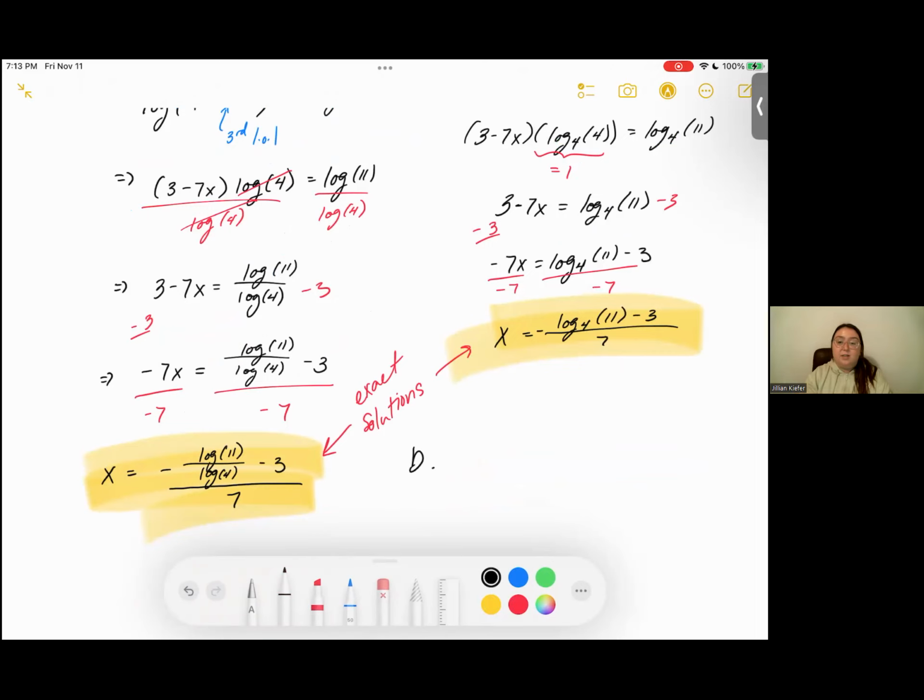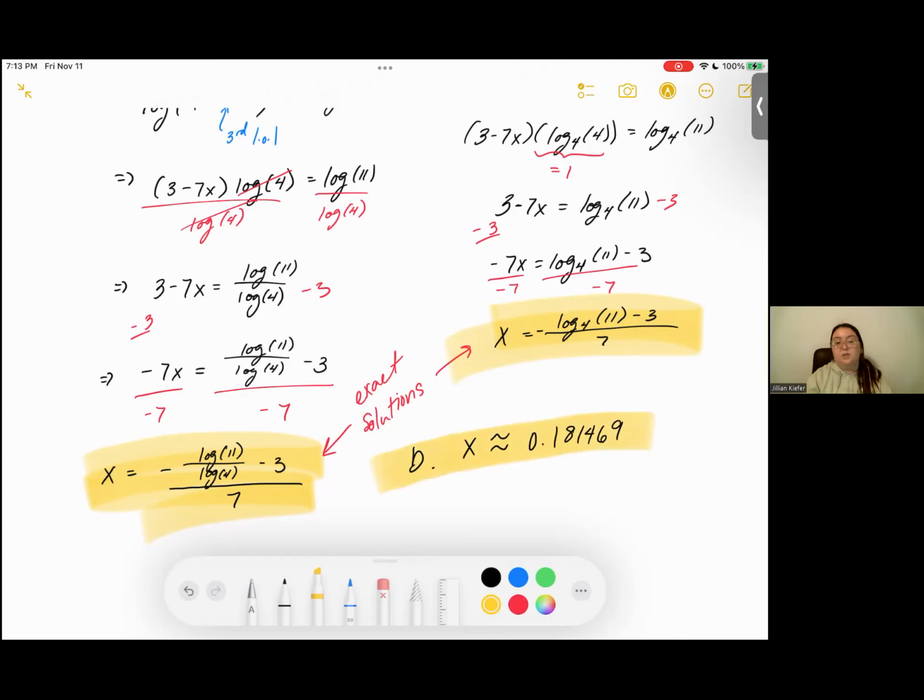Part B is the approximate solution. You want to plug in the expressions that you have for x and actually find the value of x. If you plug these values into your calculator and solve for x, and you want to round to 6 decimal places, you would get x is equal to 0.181469.